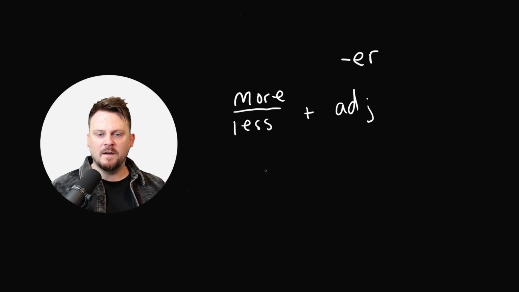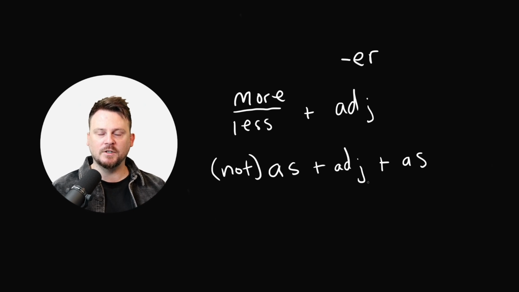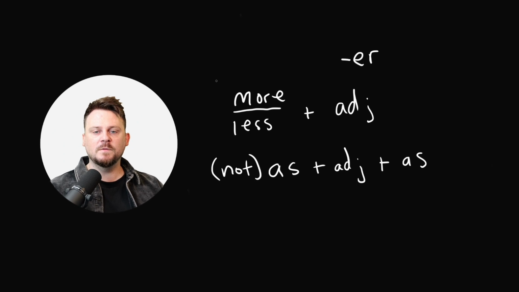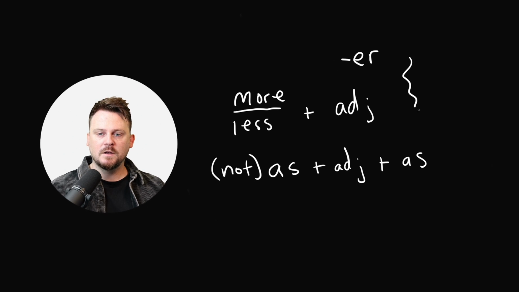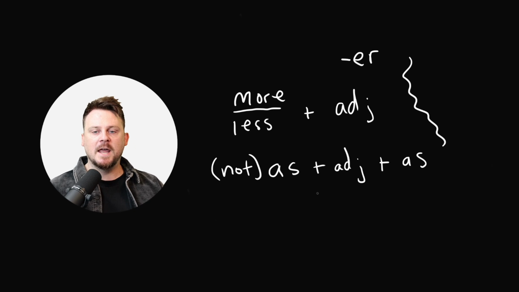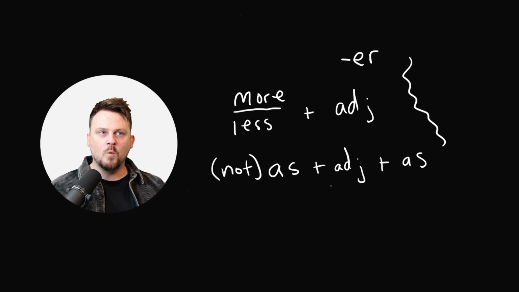And then we also have as plus adjective plus as, and we have not plus adjective, not as plus adjective plus as, okay? These are the ways to build comparatives, not superlatives, comparatives.